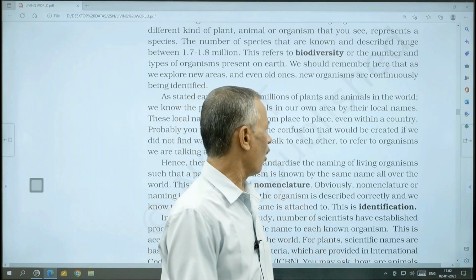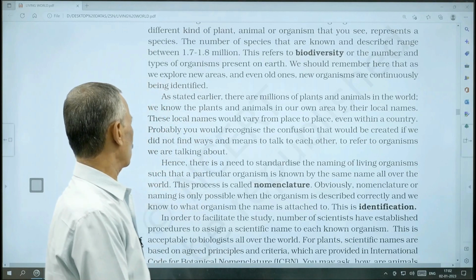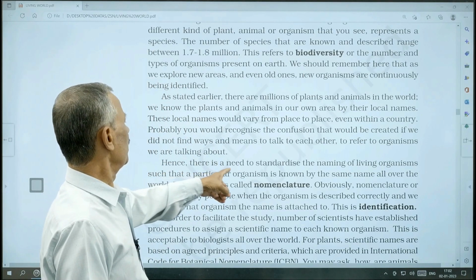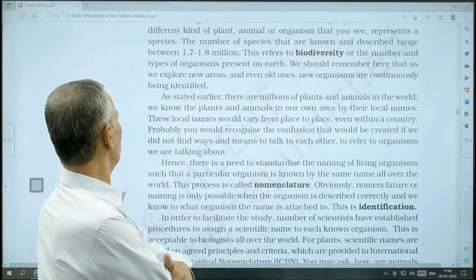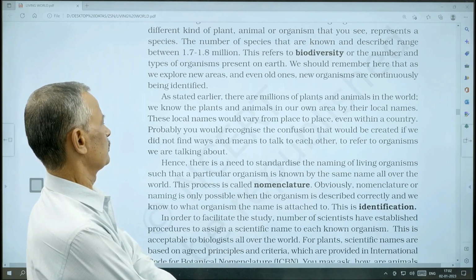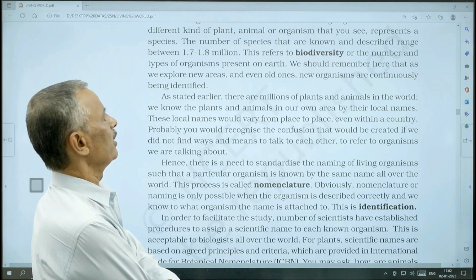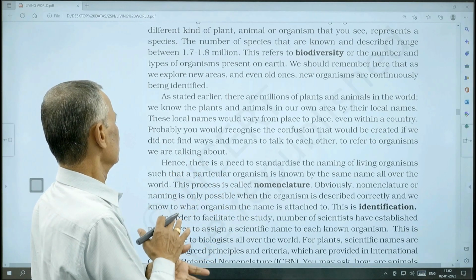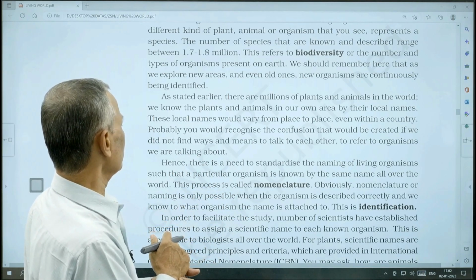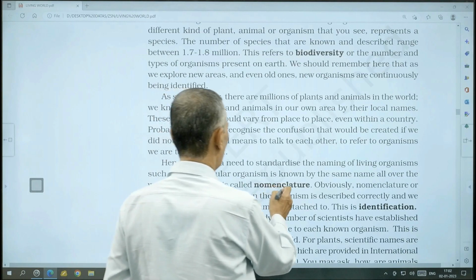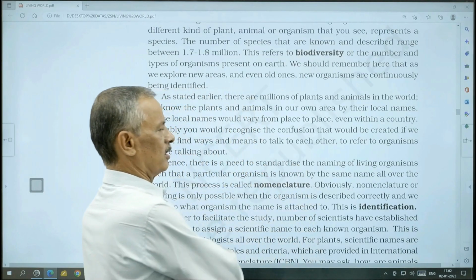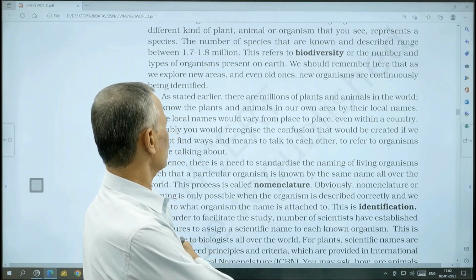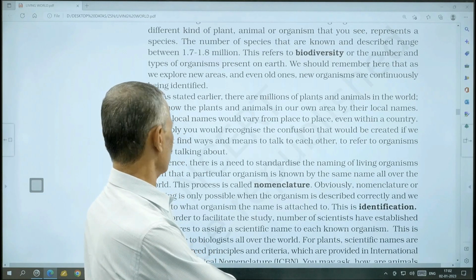That is what is called taxonomy. And there is a need to standardize the naming of living organisms also. Then only we know which is the organism to which the name is given. The process of giving a name is called nomenclature. The art and science of giving a name is called nomenclature.